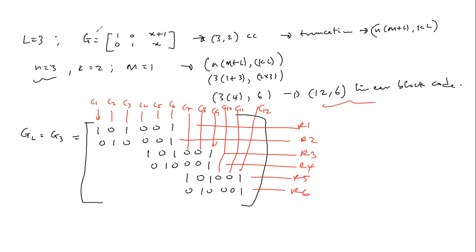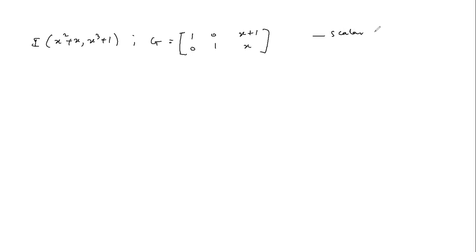And once again, if we are given the information polynomial, x squared plus x, comma x cubed plus 1, and then the generator matrix 1, 0, 0, 1, x plus 1, x, then what is the scalar information, and then the scalar code word?